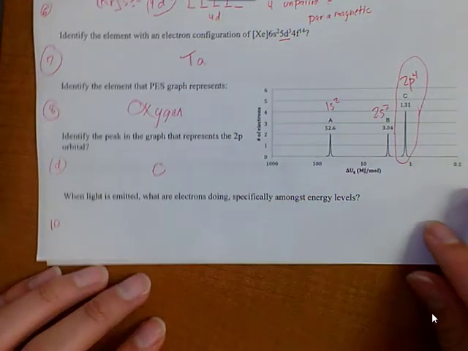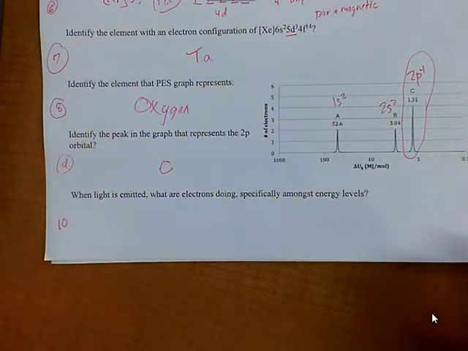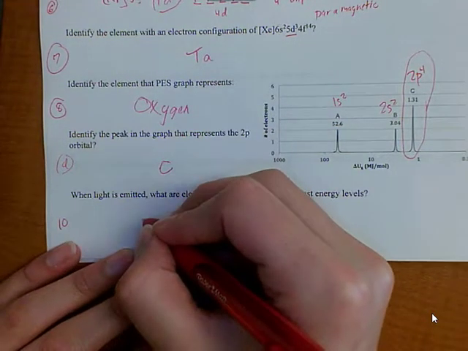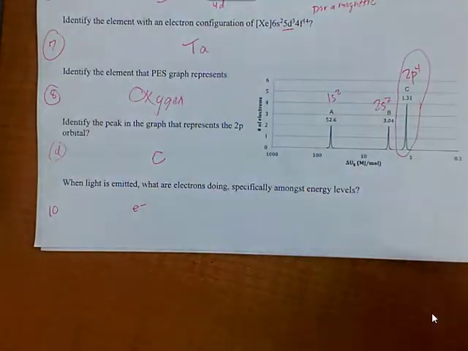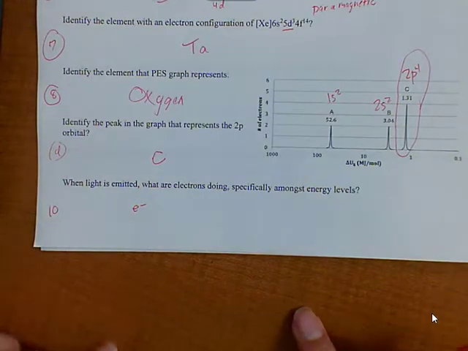Number 10. When light is emitted, what are electrons doing specifically amongst energy levels? Okay, when we're talking about light being emitted, what I'm telling you is that electrons, yes, they do get excited and they move to a higher energy level, but that is not the light that I see. That is the energy that is being added to my electron.